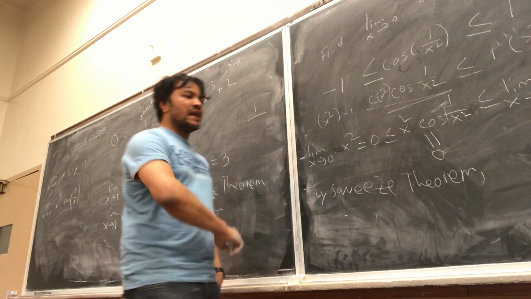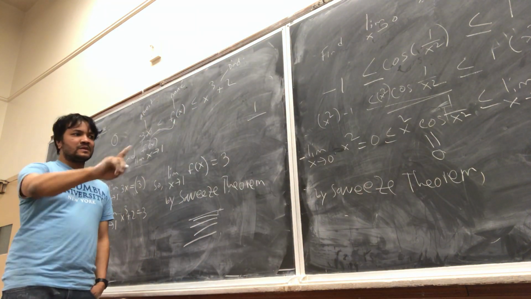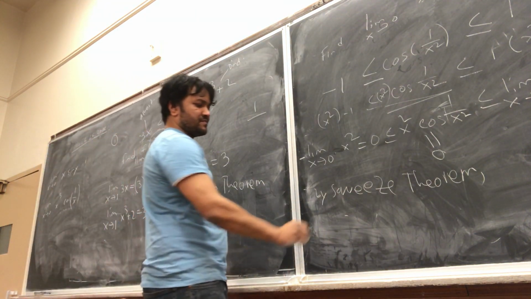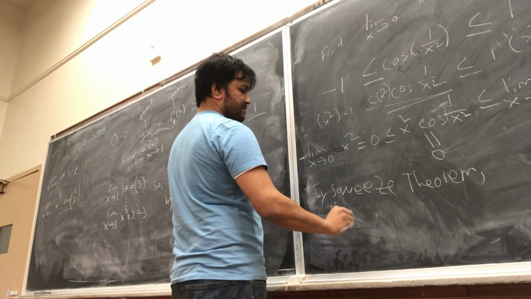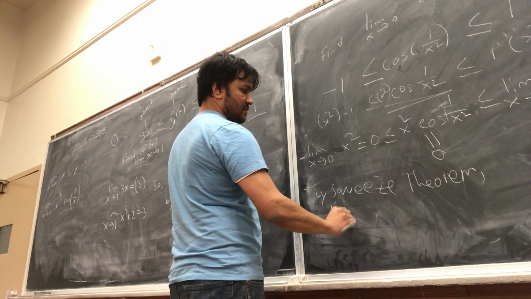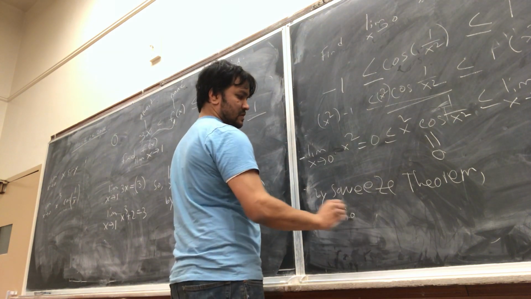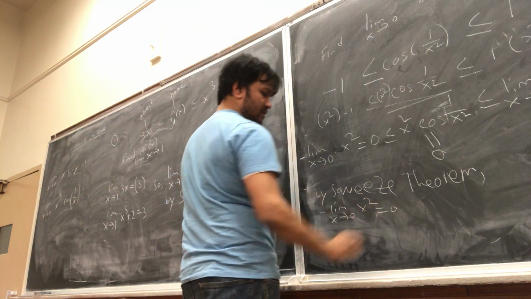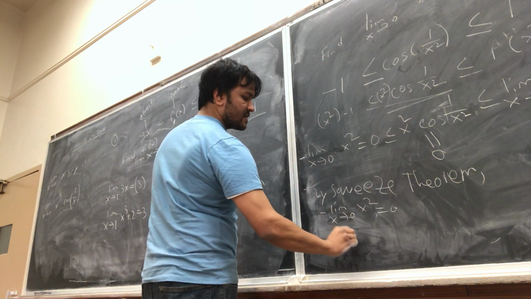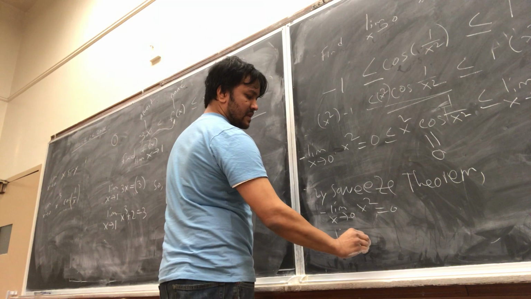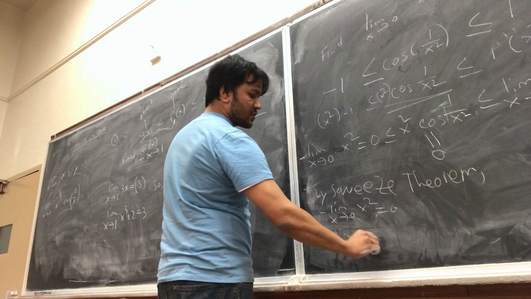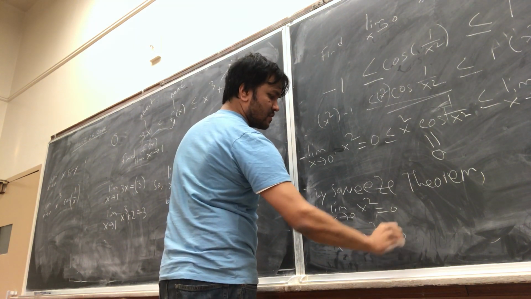That is, write all the notation. The limit as x goes to 0 of negative x squared is 0, and the limit as x goes to 0 of positive x squared is 0.